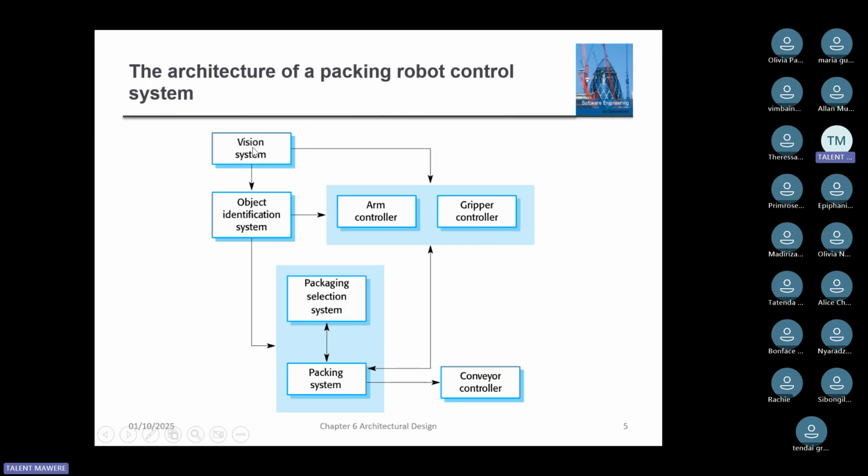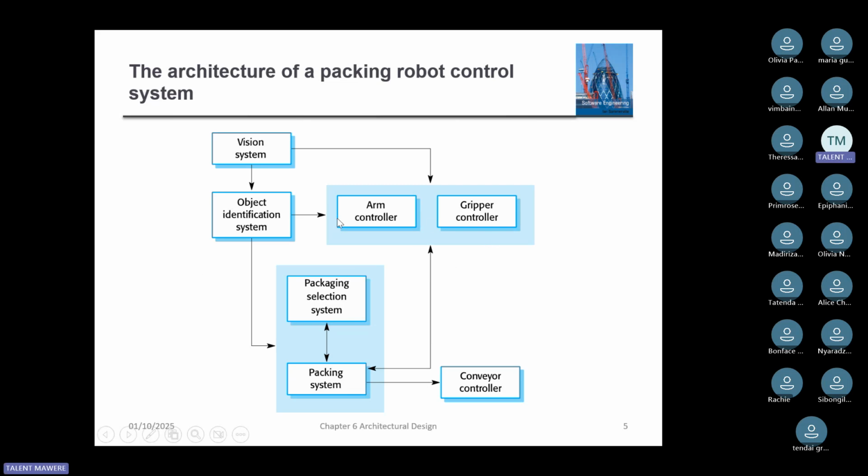We have a vision system that identifies objects. Then once the objects are identified, we have an arm controller which moves the arm to pick the object. This arm controller has a grip controller depending on what the object is so that it applies the correct grip.